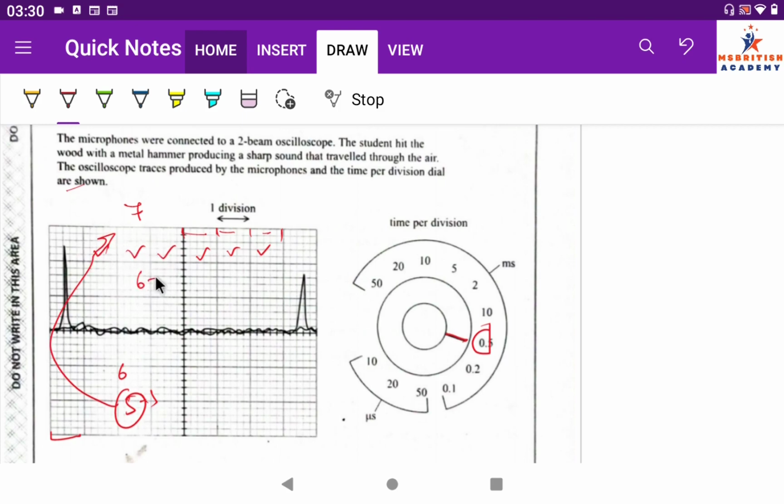So 6 plus 1 is 7, 7.1 divisions, and 1 subdivision is 0.2 division. So it will be 7.2 divisions.